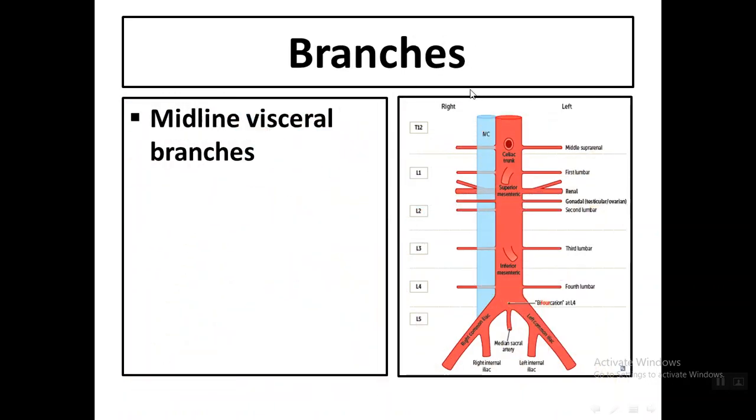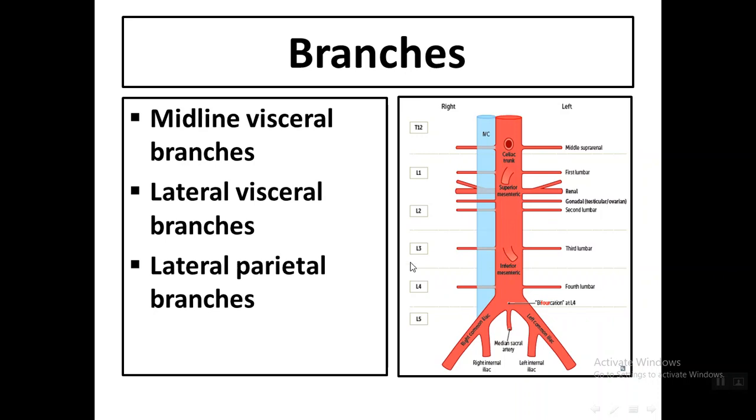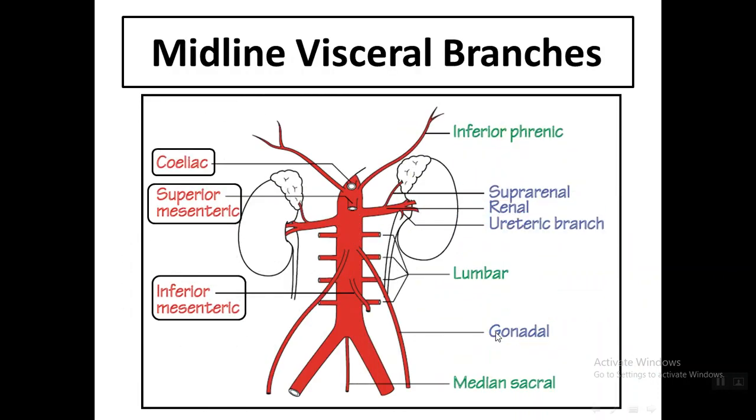The branches of the aorta are midline visceral branches, lateral visceral branches, lateral parietal branches that supply the wall, and the terminal branches. The midline visceral branches are the celiac trunk, superior mesenteric artery, and the inferior mesenteric artery.